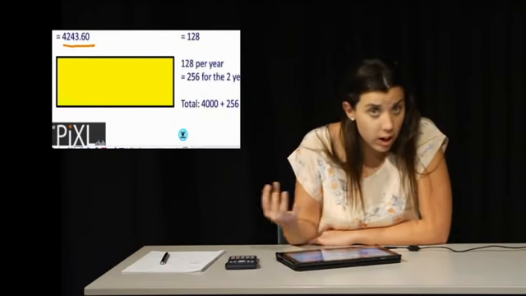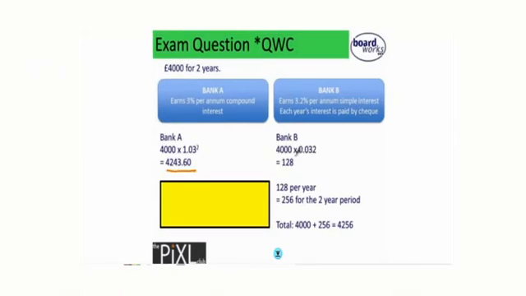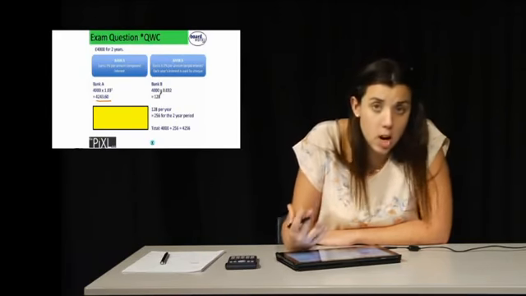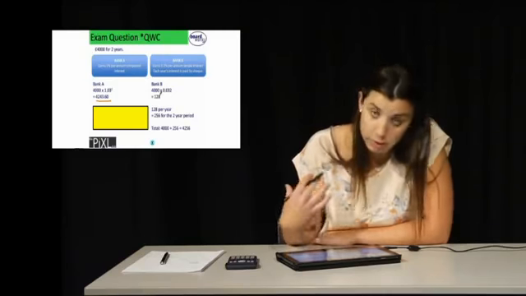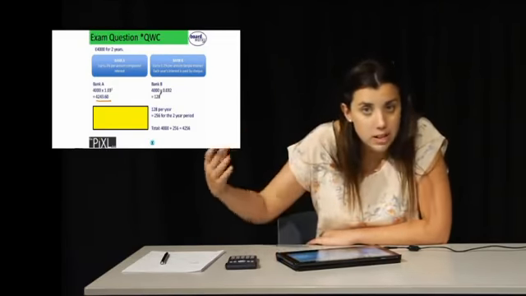We just simply find the interest for the year, so our original amount, multiplied by 0.032, that extra bit there because it's 3.2%, gives us £128. So each year in Bank B, you just get £128. So the first year £128, the second year £128, etc.